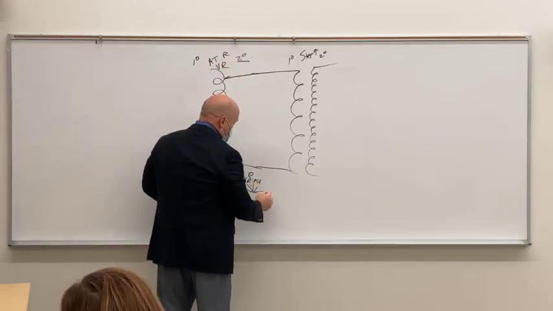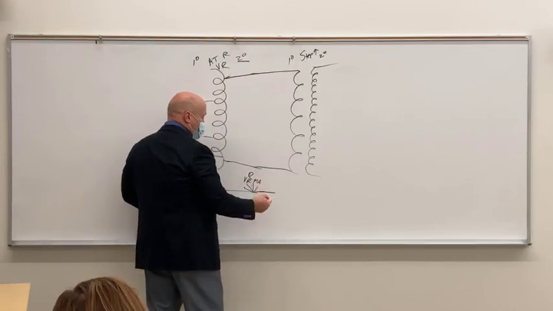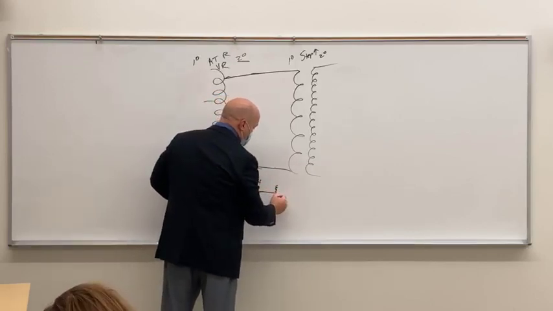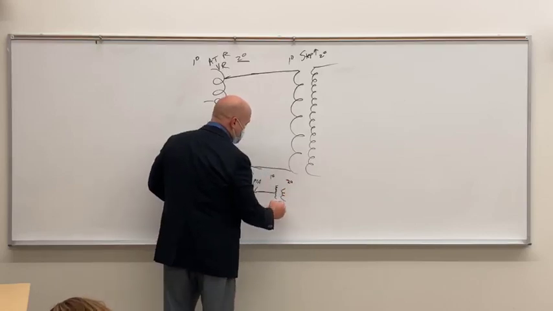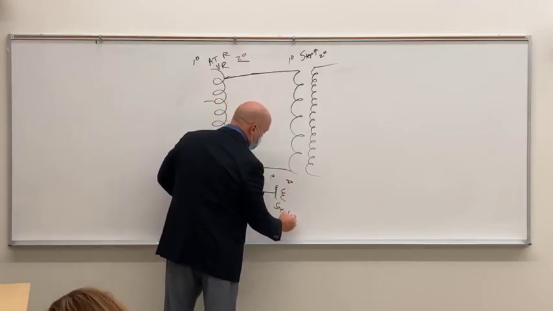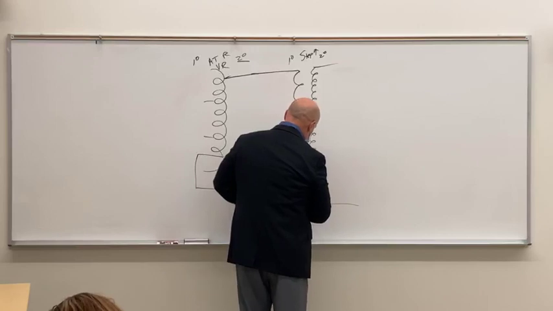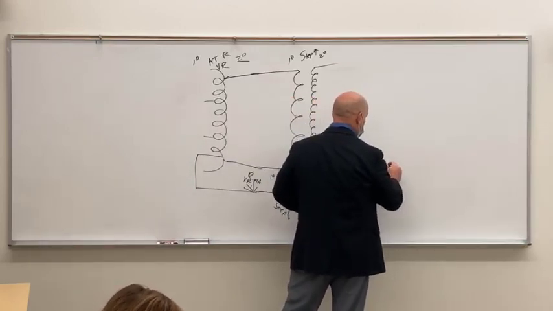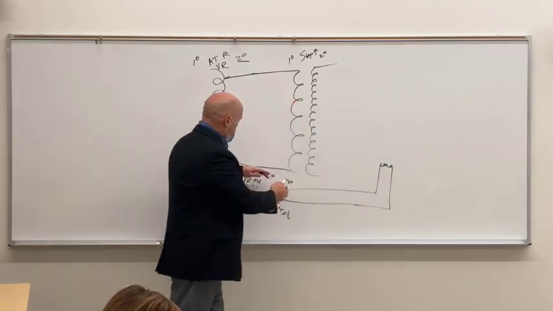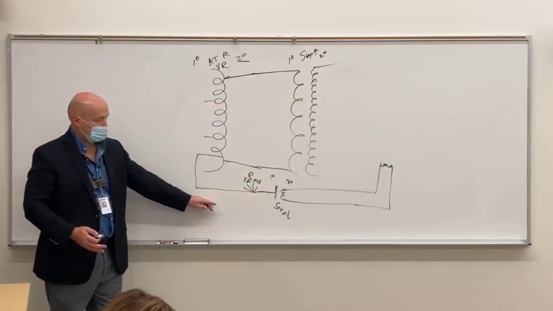So this is our MA selector. It goes into another transformer that has more turns on the primary side than on the secondary side, so it is a step down transformer, and then that comes out and it goes into the where? Filament. Very good. So what's the purpose for this circuit down here?